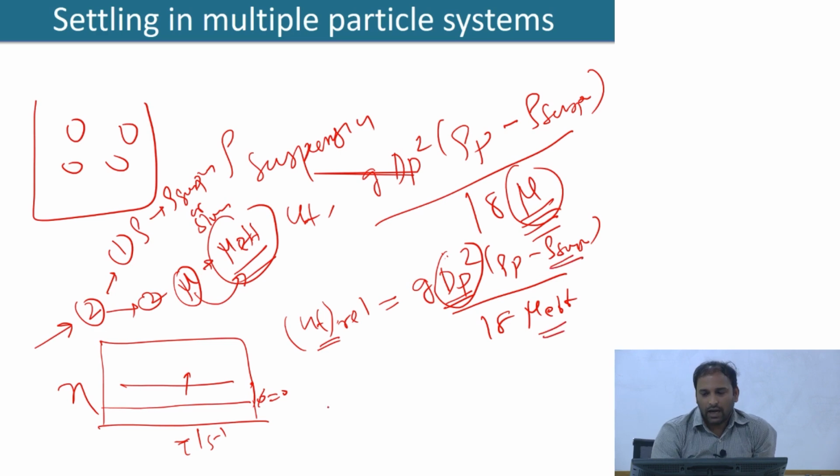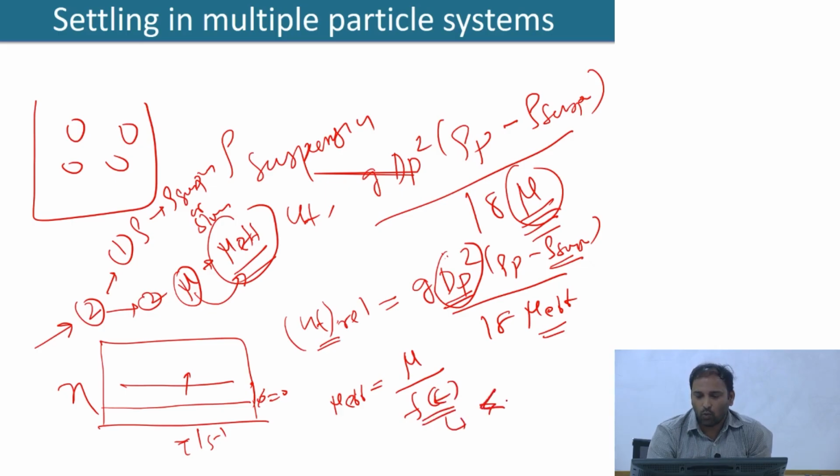And as I said, this mu effective is typically written as mu times some function f of epsilon, and this function f of epsilon should be greater than 1, because the mu effective is typically larger than the viscosity of the fluid itself.